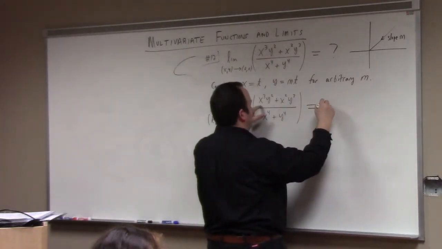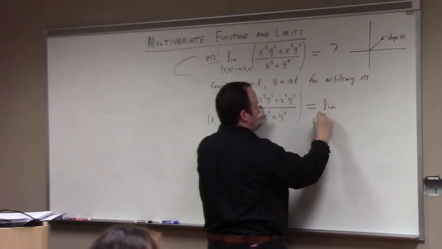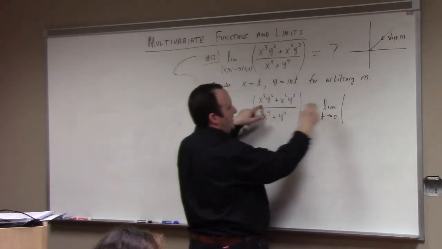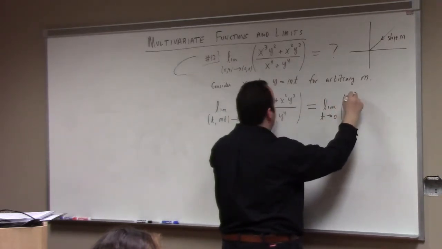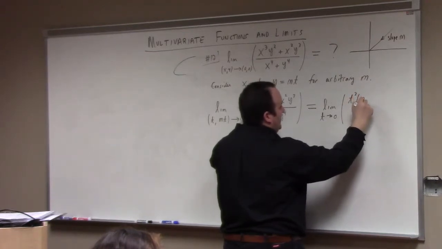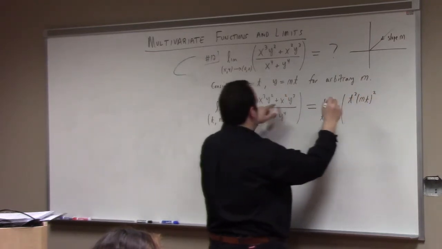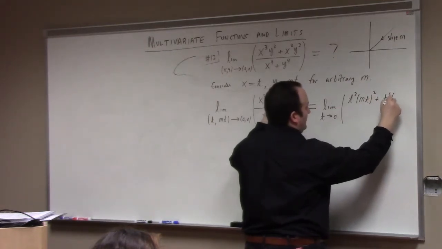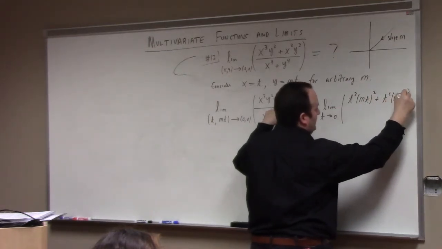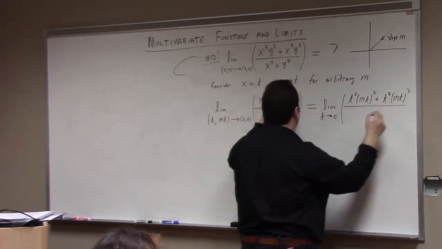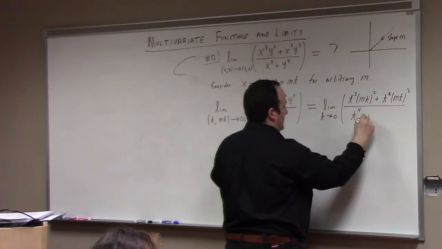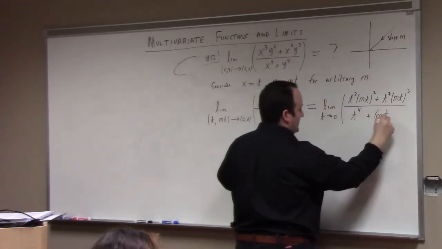That gives us a limit as t goes to 0 of t cubed times (mt) squared, and over here plus t squared times (mt) cubed, divided by t to the fourth plus (mt) to the fourth.